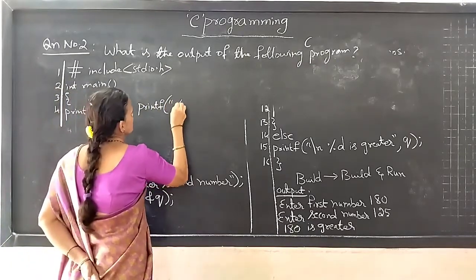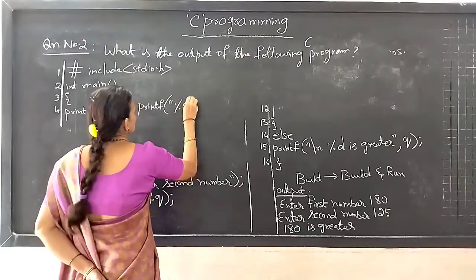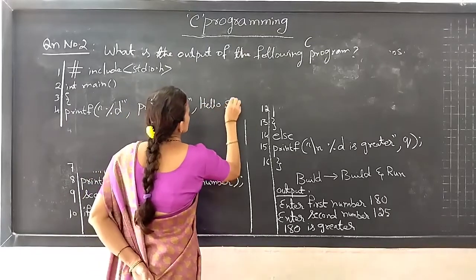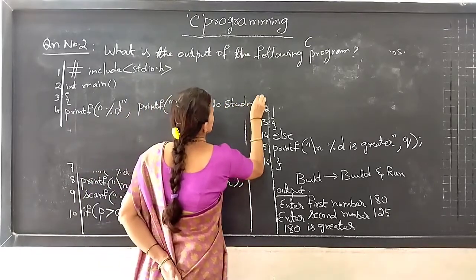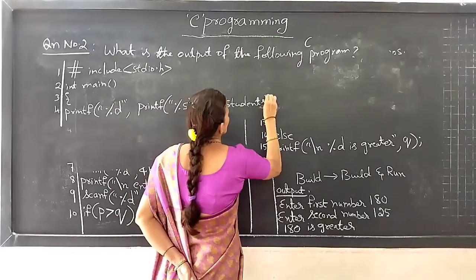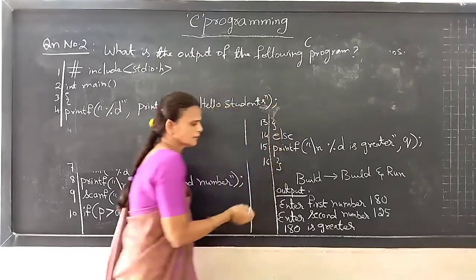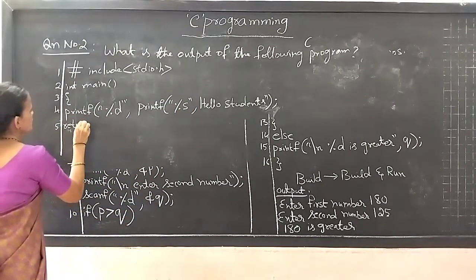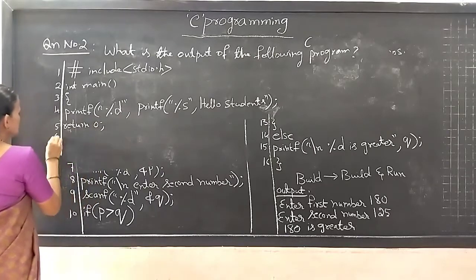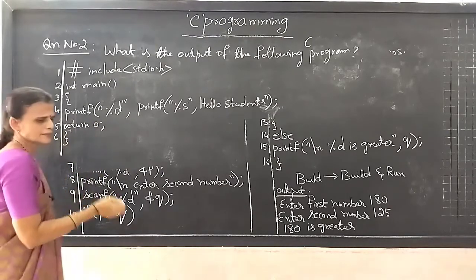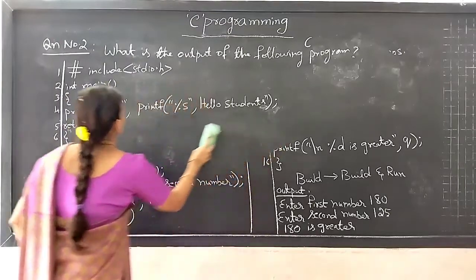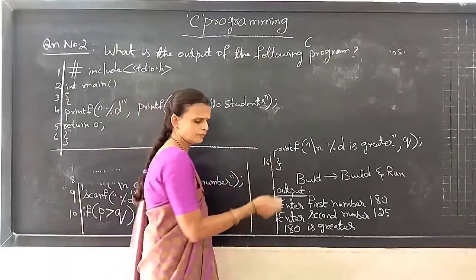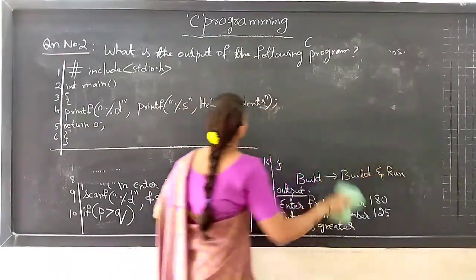Here we have to write %s comma "hello students", close the double quote, semicolon, then return 0, then close the curly bracket. This is the program, and we want to know what the output of this program will be.